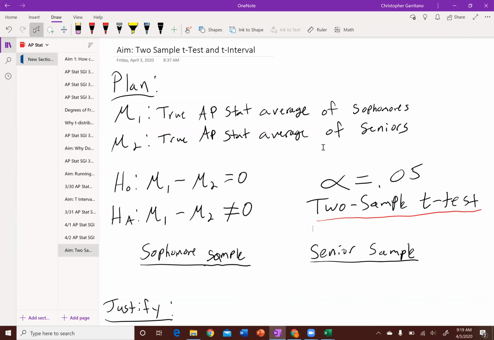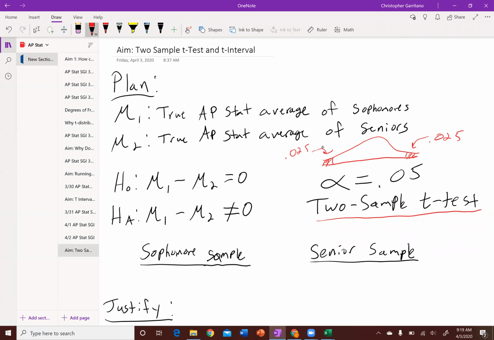My alpha value will be 0.05. Since it's a two-tailed test, my rejection region, in the t-distribution, will be in either tail, but it will only be 2.5% in each tail, for a total of 5% rejection region.